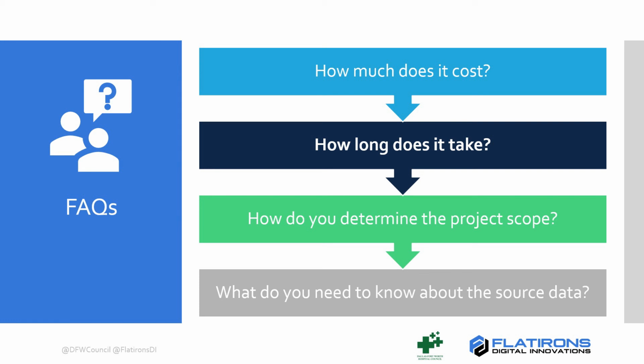From a cost perspective, that's also a variable in how long it takes. It can be as simple as 4 to 6 weeks for an application, or much longer for larger applications with multiple instances. It could stretch over multiple years, or just a single year.